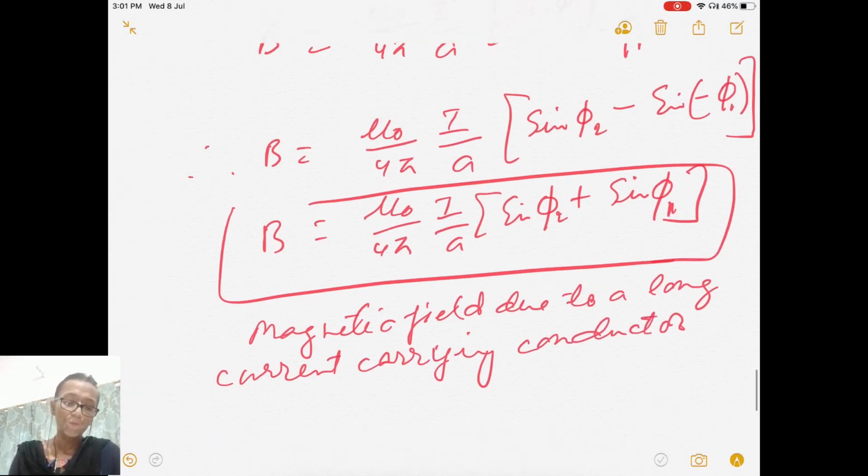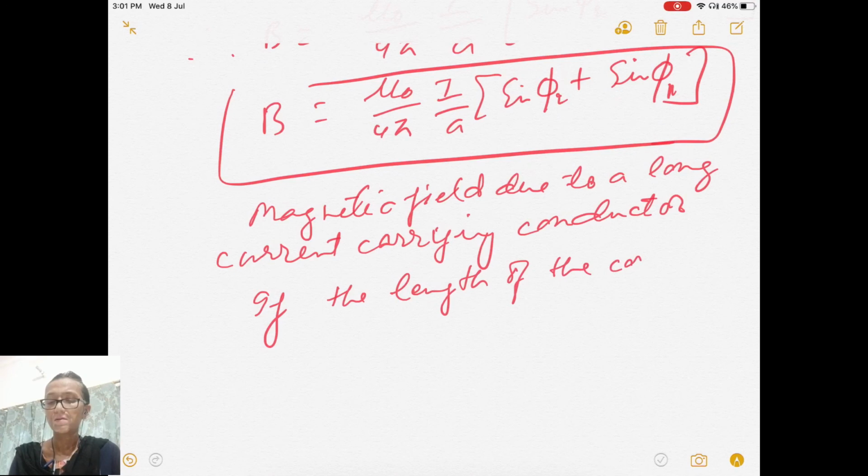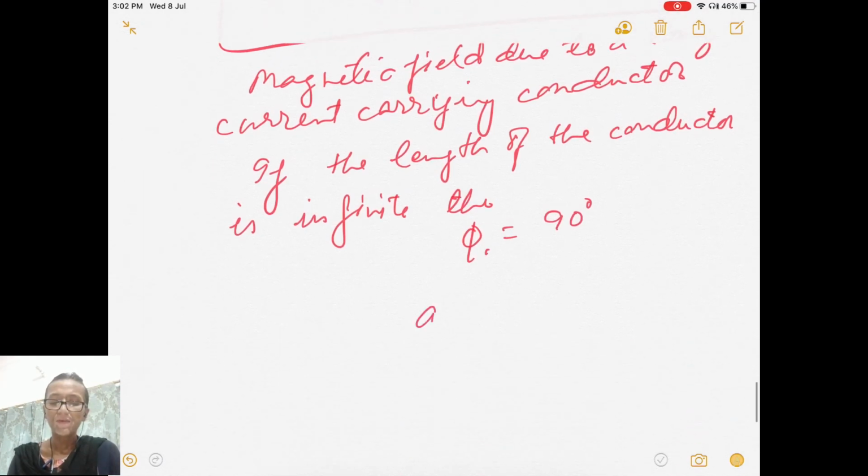Now if the length of the conductor is infinite, then phi 1 is equal to 90 degrees and phi 2 is equal to 90 degrees.